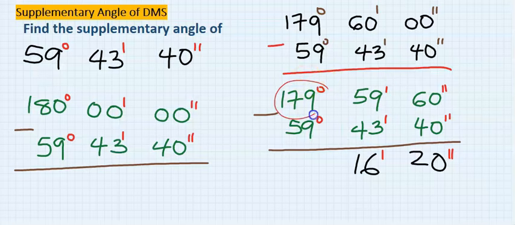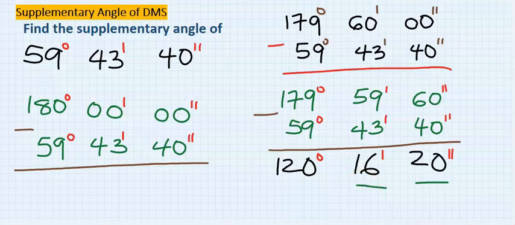Next, 179 degrees minus 59 degrees. We have 120 degrees. This is less than 60 seconds and this is less than 60 minutes. Hence, this is our final result.